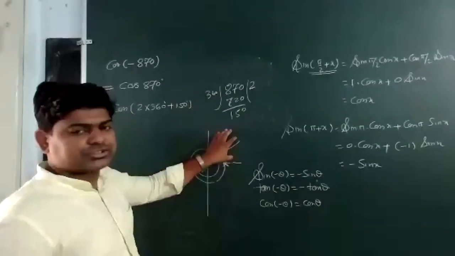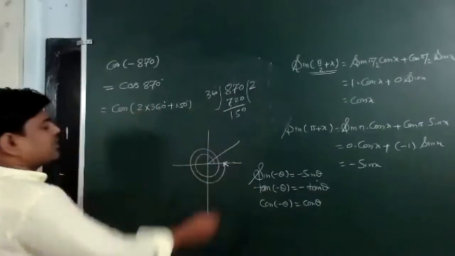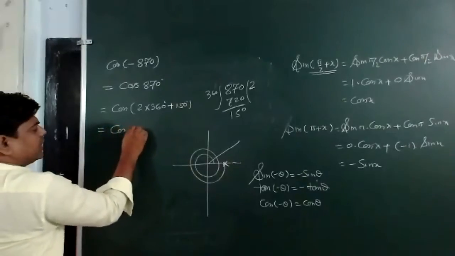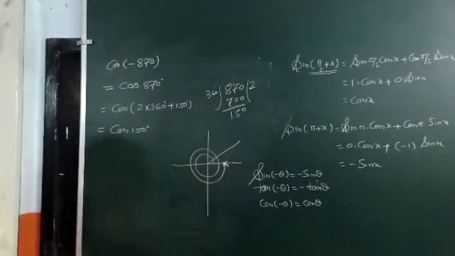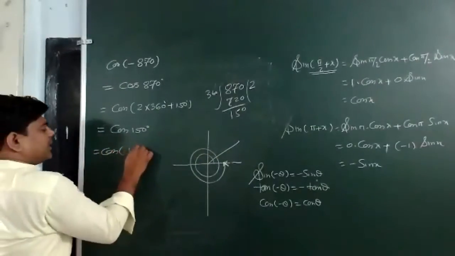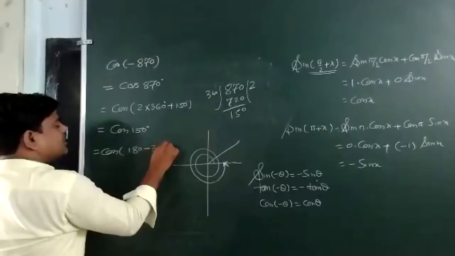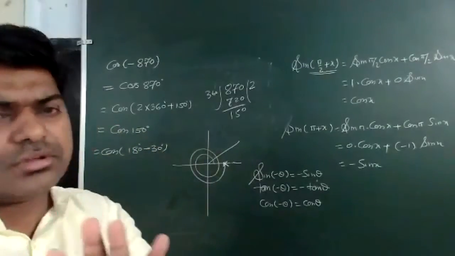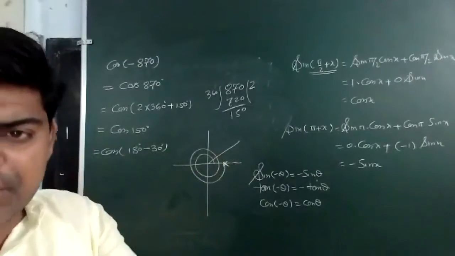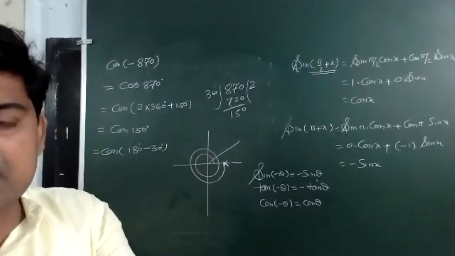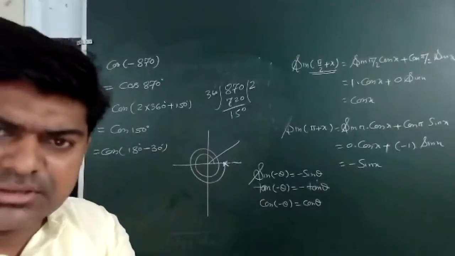So it will be in the first quadrant, where cos is positive, with 360 degrees, so the value will be cos 150. And now, once again, I will write cos(180 minus 30), or I can write cos(90 plus 60). In both ways we can do it. 150 can be split as 180 minus 30 or 90 plus 60.